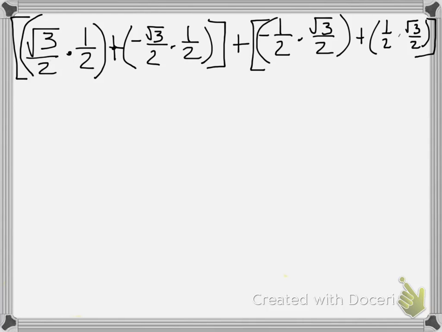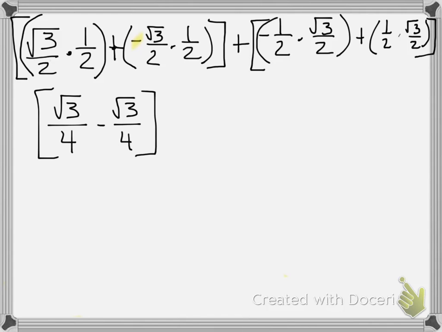Alright, so there's where we left off. So we go through and multiply that out, and we're going to get the square root of 3 over 4, plus we're going to have plus and negative, so that's just going to be minus the square root of 3 over 4. It's going to be plus.